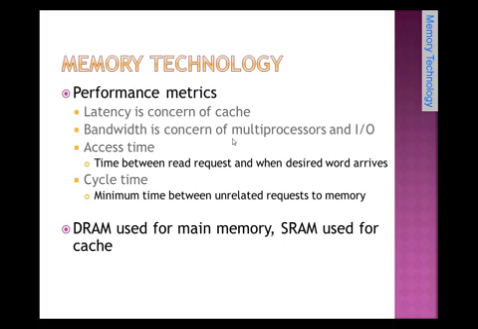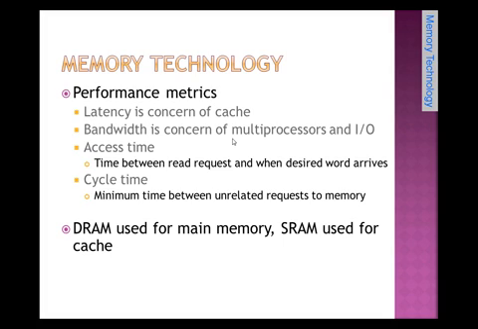Then access time, that is the time between the read request and when the desired word arrives. Then cycle time, that is the minimum time between unrelated requests to the memory. That is cycle time.